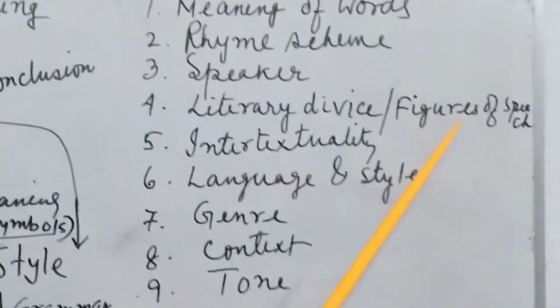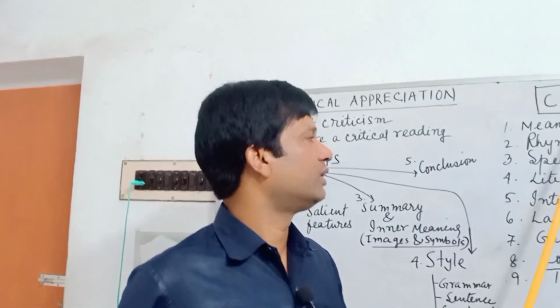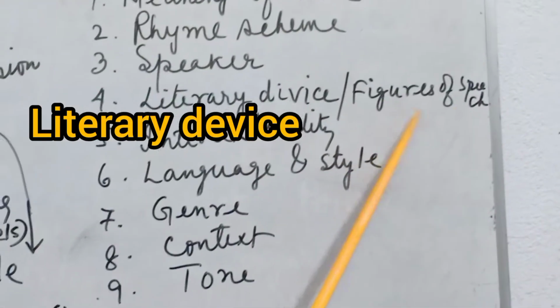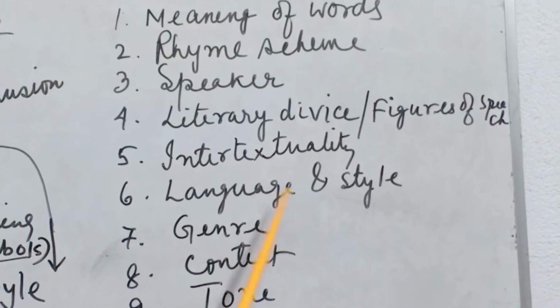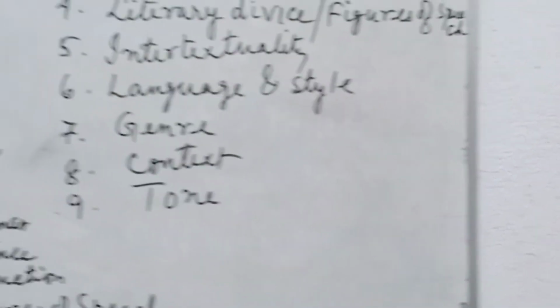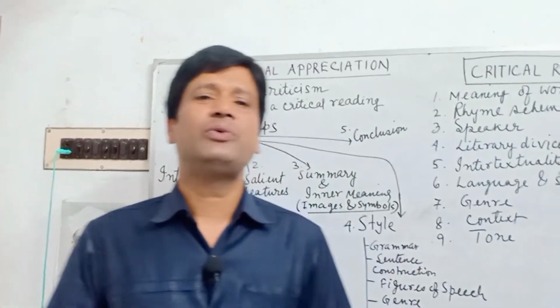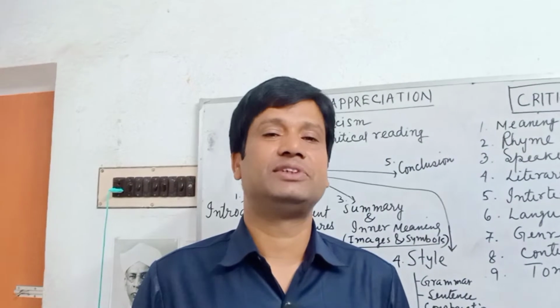For critical analysis, you should understand the meaning of the words of the writing, rhyme, scheme, speaker, literary device or figures of speech, intertextuality, language and style, genre, context, tone. So, you should learn all this. Then you will proceed to write critical appreciation.